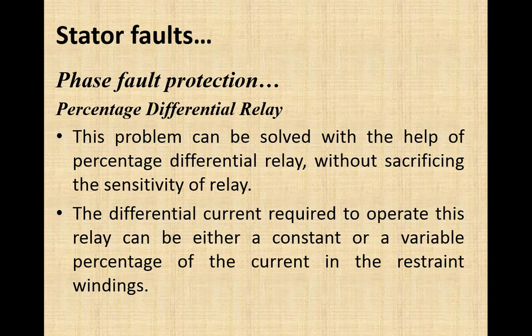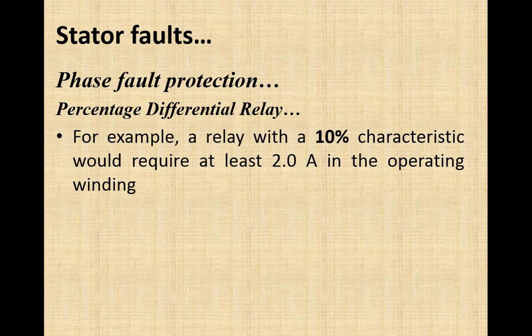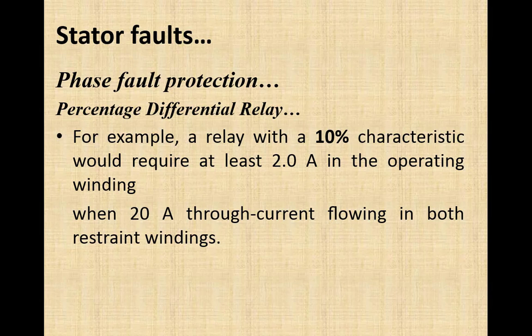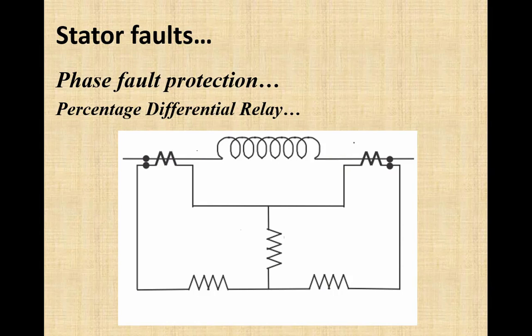This concept of restraining winding will be introduced very soon. For example, a relay with 10% characteristic would require at least 2 ampere in the operating winding if the restraining coil current is 20 ampere. So that is the percentage differential relay, and let's discuss it with the help of this diagram.